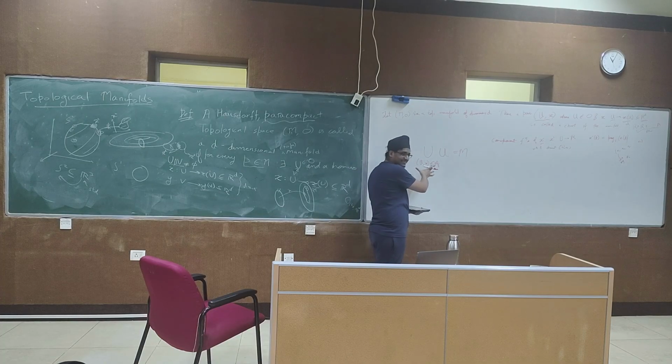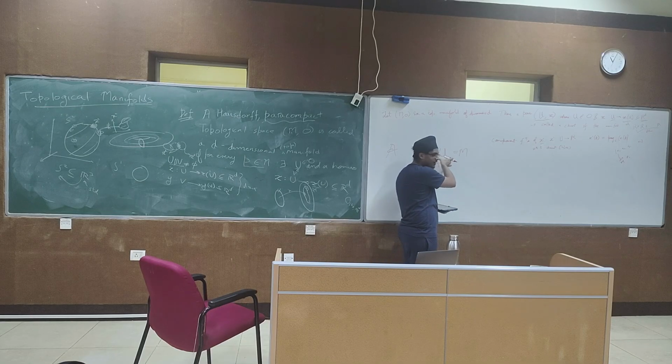So the atlas is a set containing charts such that the union of all the open sets it contains is equal to M. It can also be that M is a subset of this, but for our purposes we will just take it equal.